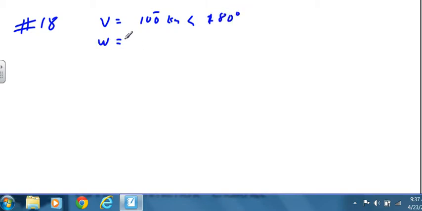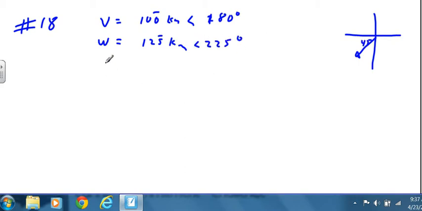And my second vector is 125 kilometers, and then we'll come over here and draw something, and it's southwest, so that's that way, and that makes this 45 degrees, so that'd be at an angle of 225. All right, and then we'll use Z, I guess. Z is 150 to 3 significant digits at an angle of 270 due south. All right, so that's what I've got.